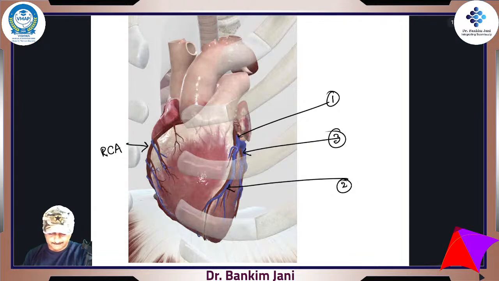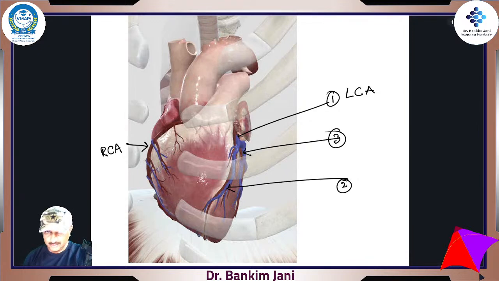One is what? One would be the left coronary artery, right? Then what's this two? Two which is going anteriorly, right? And it is between what? This is between right ventricle and the left ventricle, right?